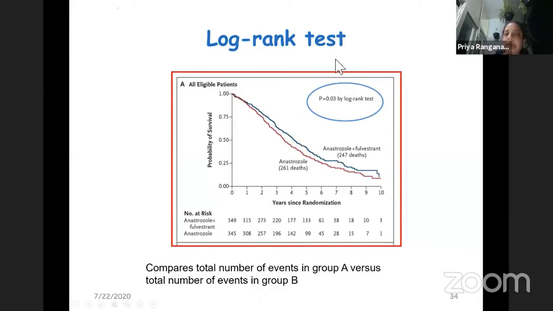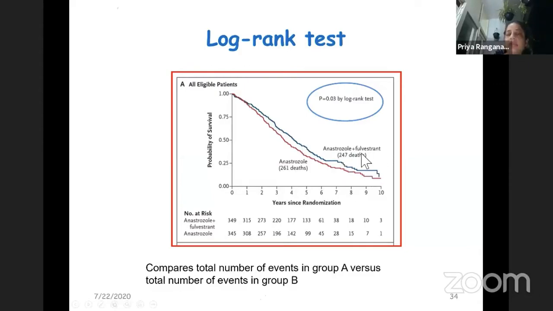The log rank test is what is used to compare the number of events in the two groups. So it tells you, is there a difference in the total number of events in group A versus group B? The problem with the log rank test is it is not time sensitive. Supposing group A had a lot of events over here, and group B had a lot of events over here.